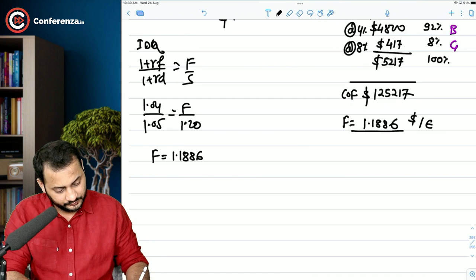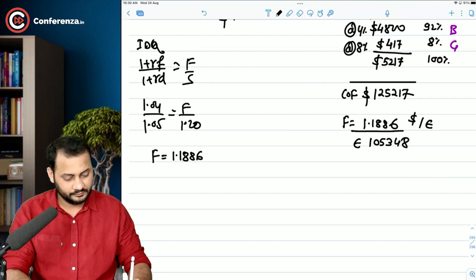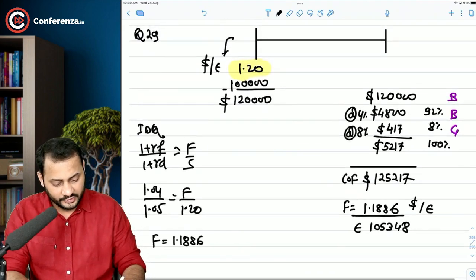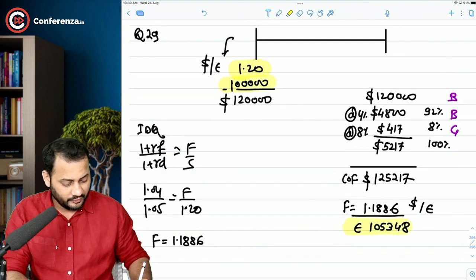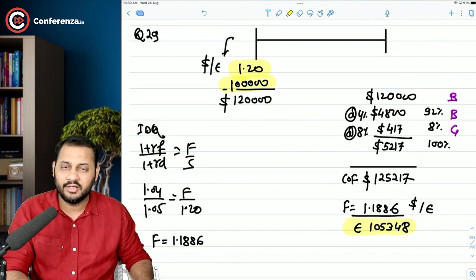That comes to euro 105,348. Right? Now the final two figures to you are like this. You borrowed 1 lakh euro and you paid 1,05,348 euros.